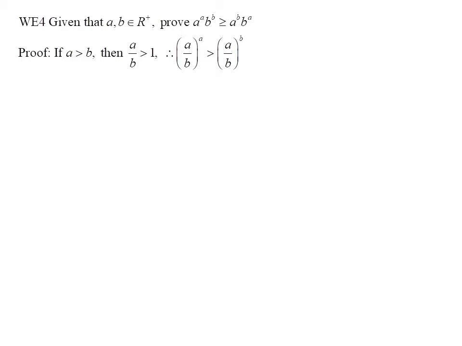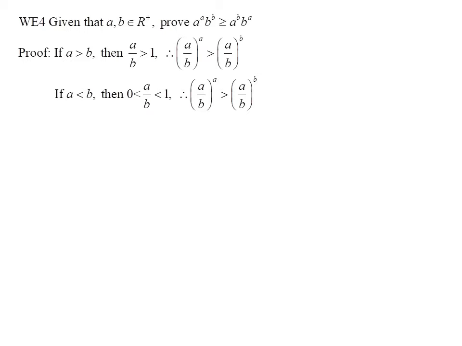In case a is greater than b, since both a and b are positive real numbers, then a over b is greater than 1. Hence, (a over b) to the a is greater than (a over b) to the b. In case a is less than b, then a over b is greater than 0 but less than 1.